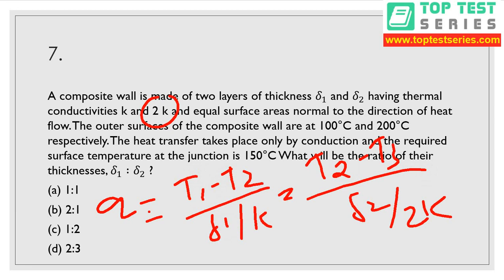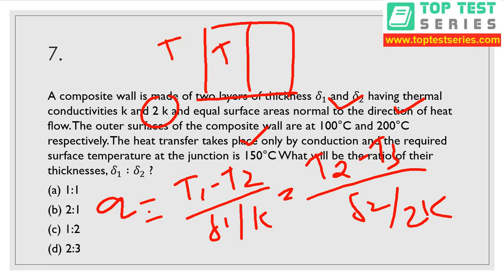T1 is 200, T2 is 150 and T3 is 100, as you can see here. This is the intermediate one, so we are considering T2 as the intermediate temperature. Let me draw a diagram. It should be like this: T1, T2, T3. This one is K and this one is 2K. The thermal conductivity is for both the parts, both the sides, right?